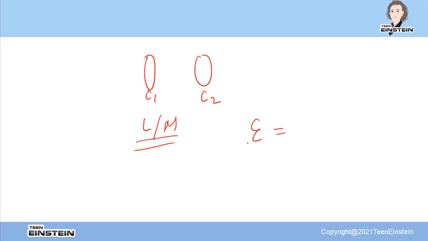If you have two coils, C1 and C2, nearby, you actually have both inductances, both L and M. In that case, when you are calculating the induced EMF, you should consider both: L di/dt minus M di/dt.